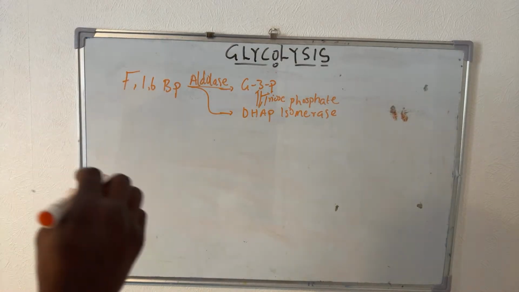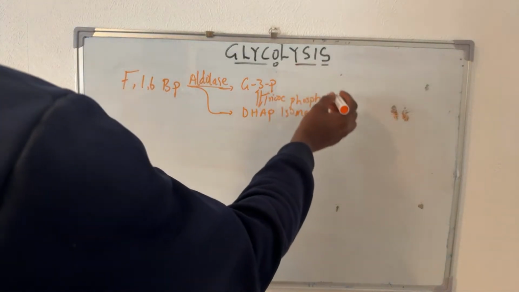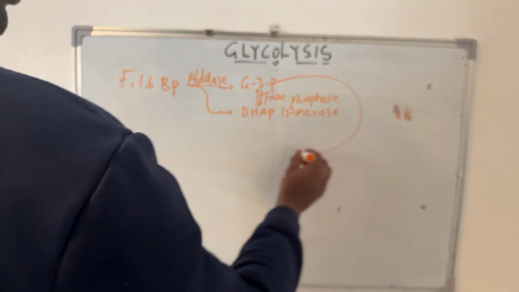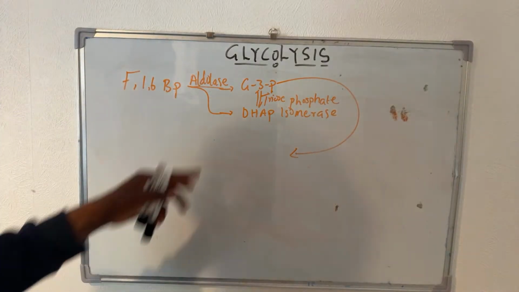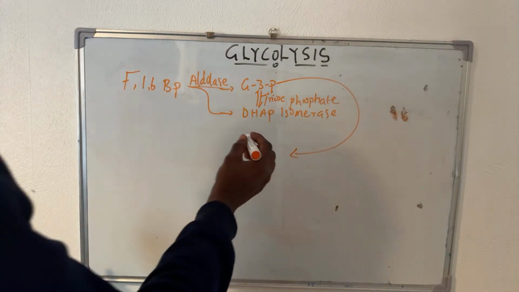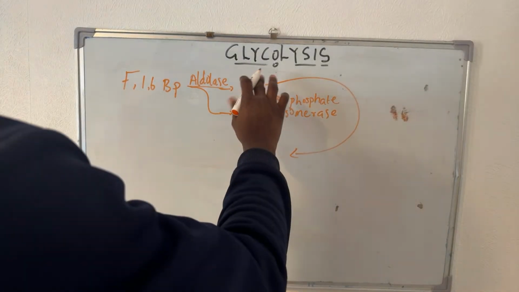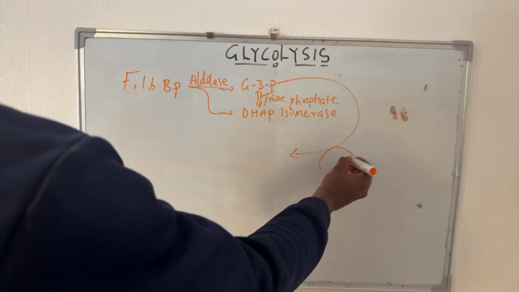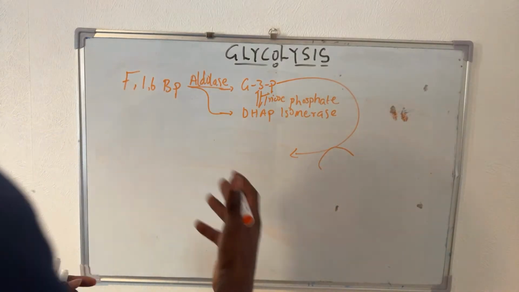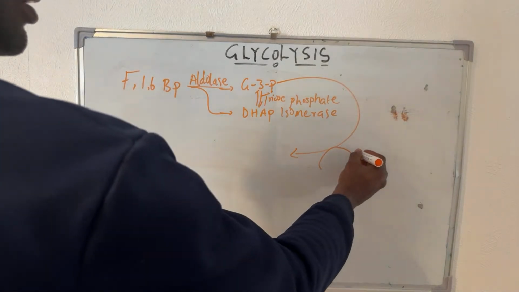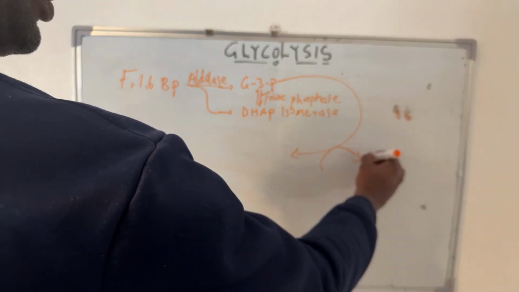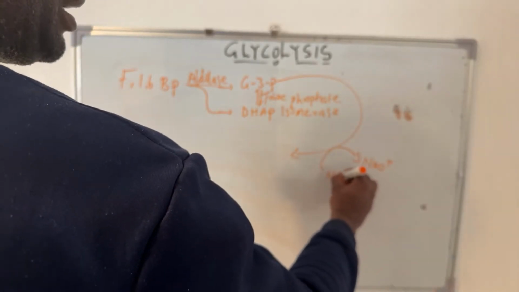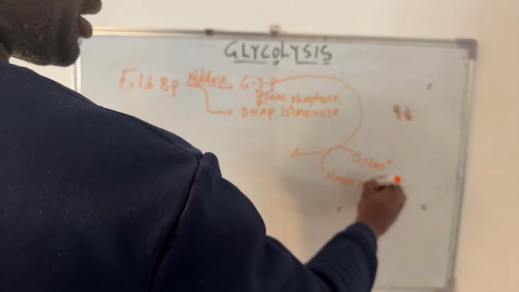All right. So this one, glyceraldehyde 3-phosphate, will now, let me draw an arrow, yield, through a reaction that is catalyzed by glyceraldehyde 3-phosphate dehydrogenase, NAD+ to give you NADH plus H+.